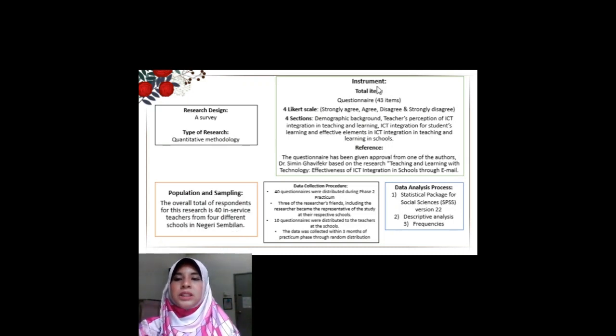For the instrument, the total number of items in the questionnaire is 43, with a 4-point Likert scale: strongly agree, agree, disagree, and strongly disagree. It has 4 different sections, which are demographic background, teacher perception of ICT integration in teaching and learning, ICT integration for student learning, and effective elements in ICT integration in teaching and learning in school.